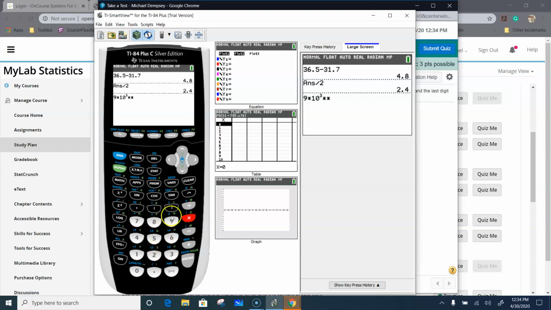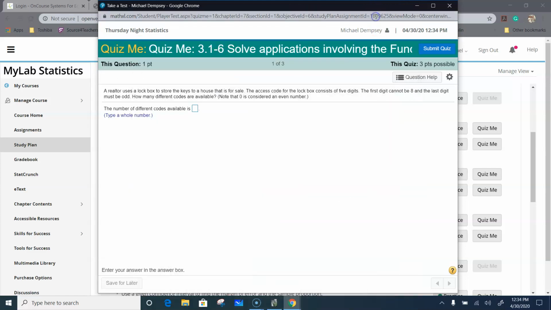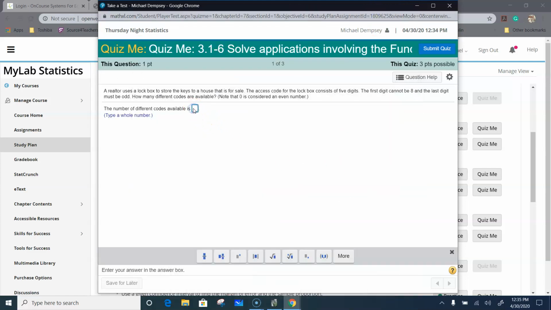And for the last one, it has to be odd, so there's only 5 numbers available for that. So we just multiply how many numbers are available for each spot. 45,000. And we can submit.